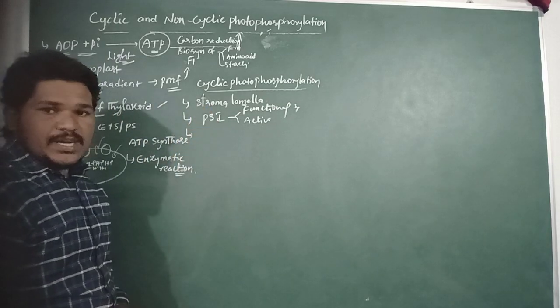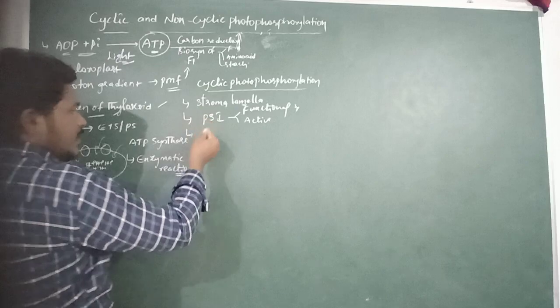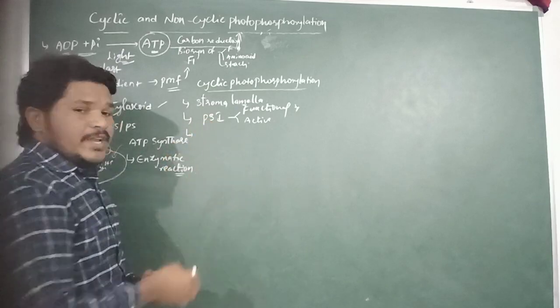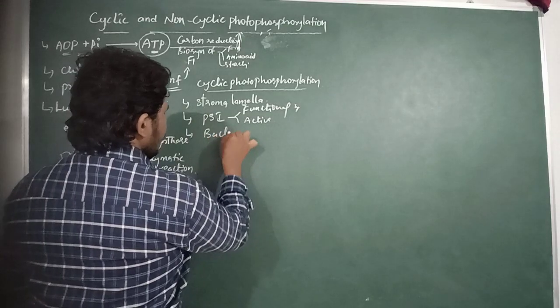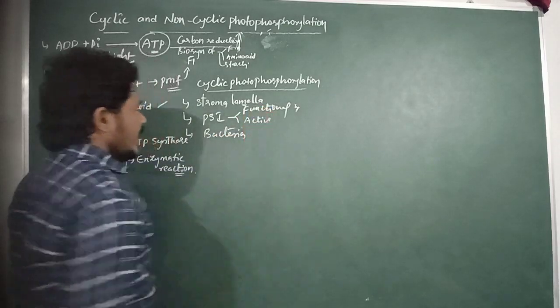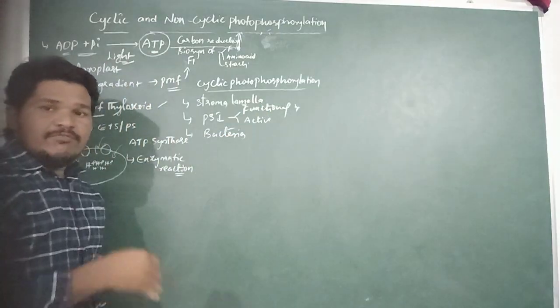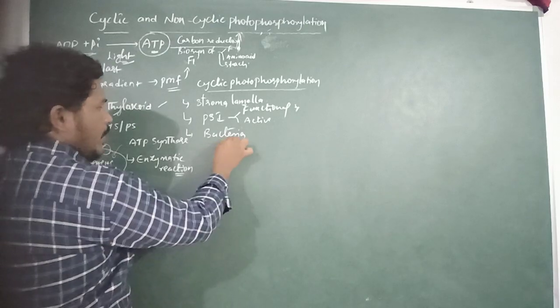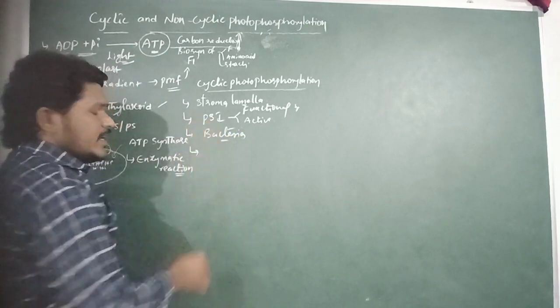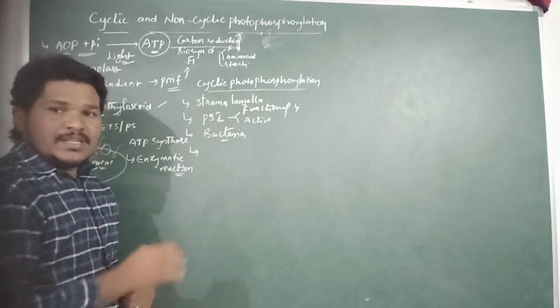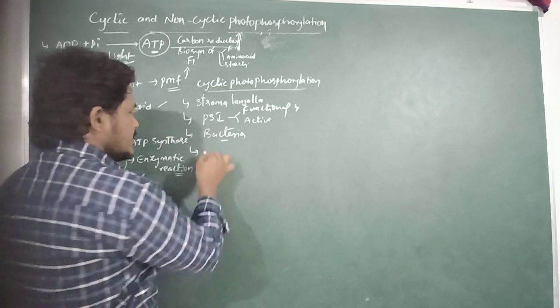Cyclic photophosphorylation is predominantly found in bacteria, and in it the electrons flow in a cyclic manner.